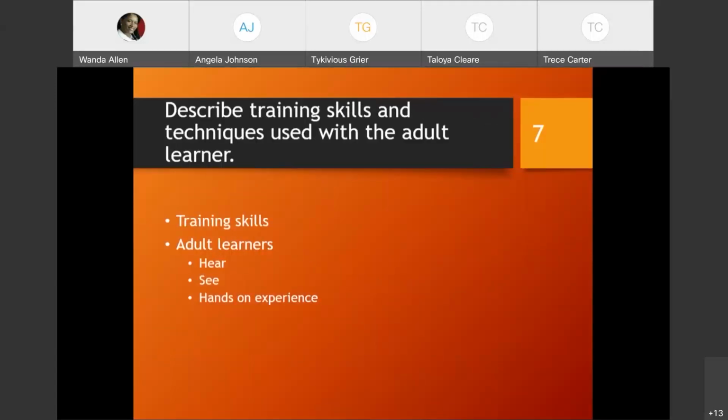Our next objective is to describe training skills and techniques used with the adult learner. Okay, training skills and techniques used with the adult learner. Trainers do not need to have a medical background to teach people how to use what to do for your team's health. You do not have to have a medical background.